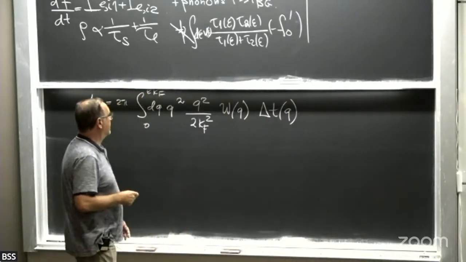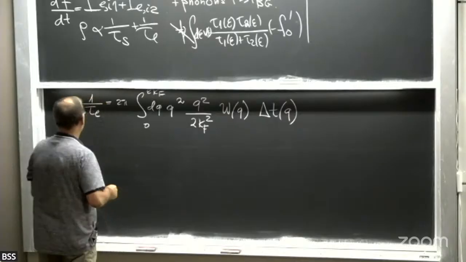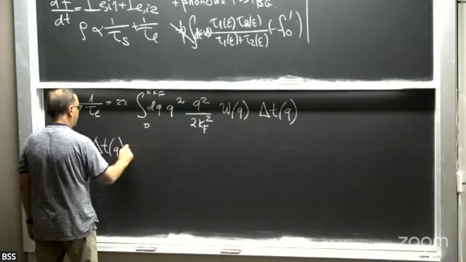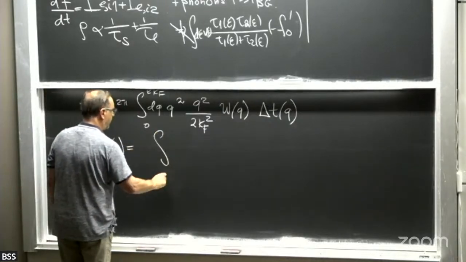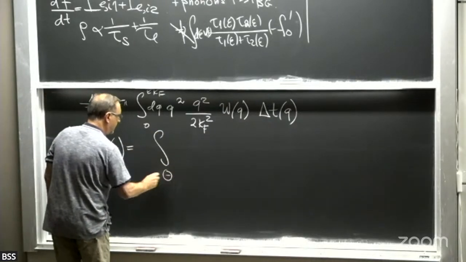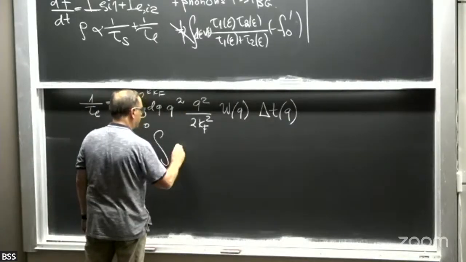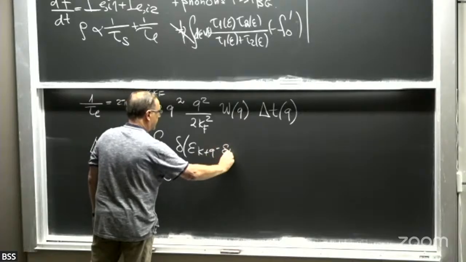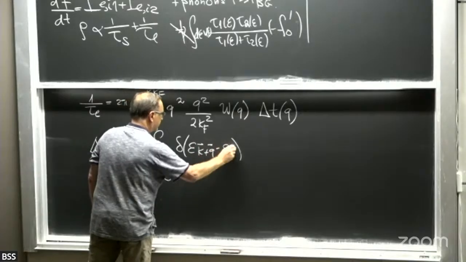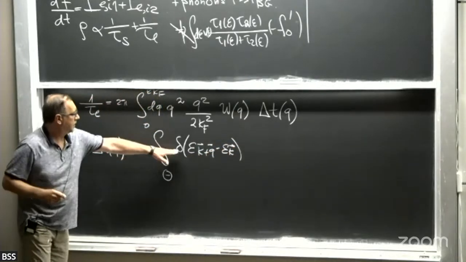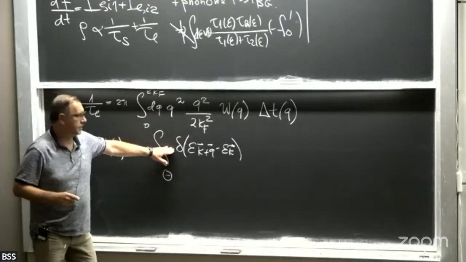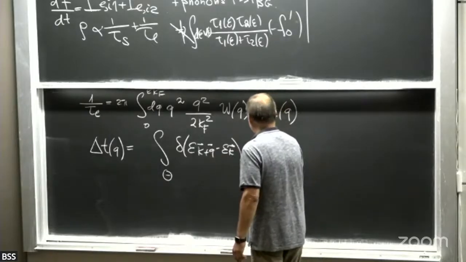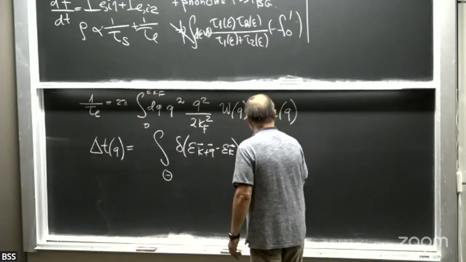And if I'm dealing with ballistic electrons, this delta t is nothing more than the angular averaging in the proper d-dimensional space of a delta function which conserves energy. Okay. And we know that by units, it's 1 over energy, it means it's time. If we actually calculate it for small angle scattering, it's going to be 1 over the Fermi velocity times q.